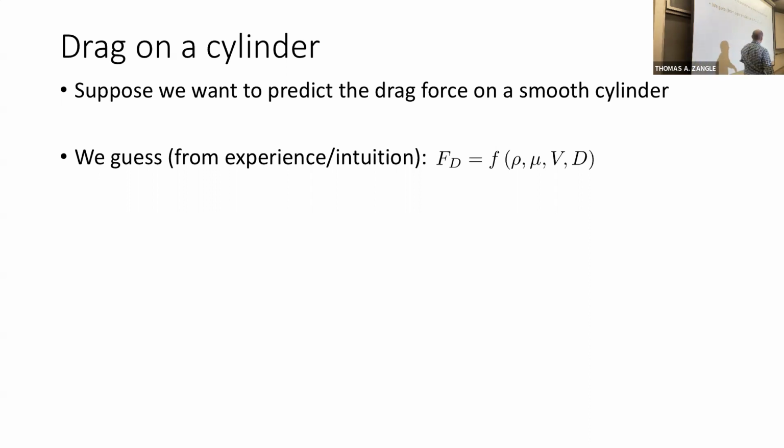We could have arrived at this experimentally by varying some other parameters, like the length of the cylinder or something, and realizing that it didn't really affect our results. So we end up with this expression for the drag force.